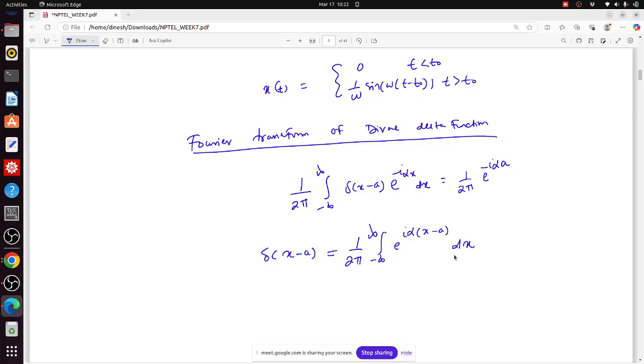Of course this integral does not converge, so this is only a formal representation.